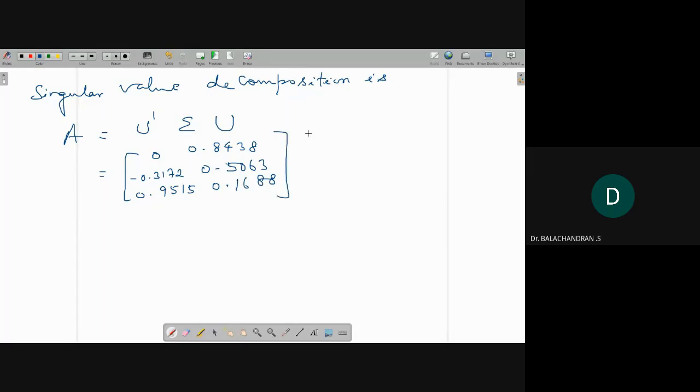And then sigma. Sigma, I already told, is a diagonal matrix whose entries are sigma 1 and sigma 2, which is 1.41 and 2.65. And then the matrix U is 0.4472 and 0.8944. I don't have enough space here.